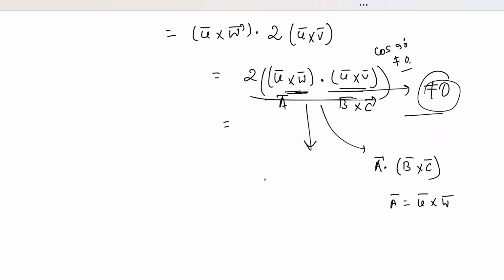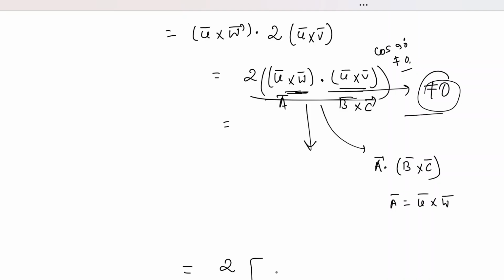So once you have that, you again use your vector identity rule, and you have 2 times a dot b cross c. Let me check my notes because I made a mistake in here.